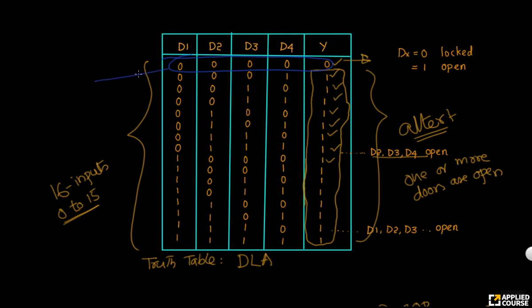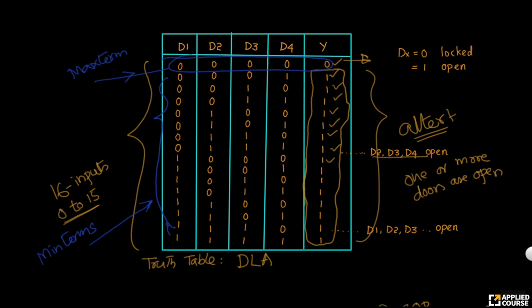Hence we can say it is associated with a single max term, and the rest of the 15 are going to be the min terms. So a max term is the input combination for which the output is 0.